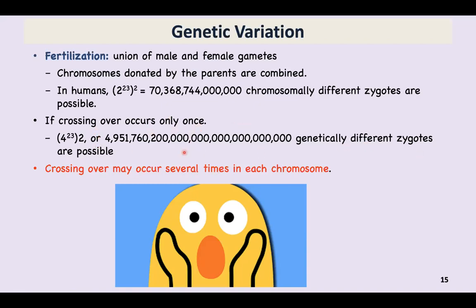Okay, genetic difference I got. So crossing over may occur several times in each chromosome. So that's why you are special. You are not the same as your friend. Generally. Okay. That's why we masing-masing semua ada our own DNA that is very different from our friends. So that's why you are unique. You are special.